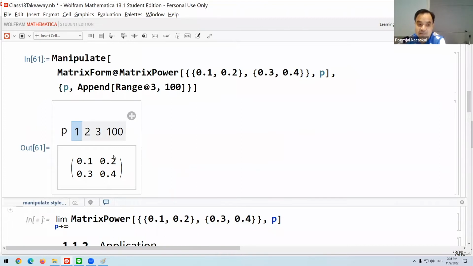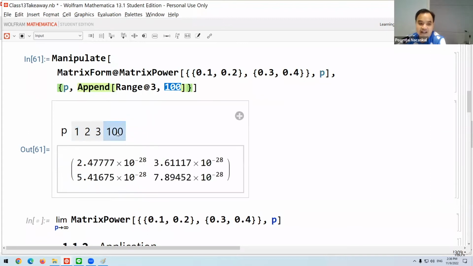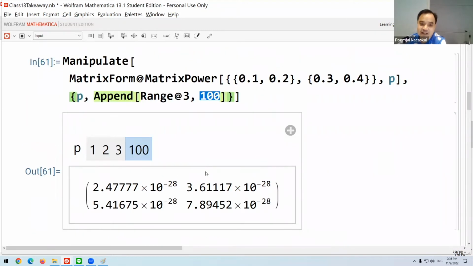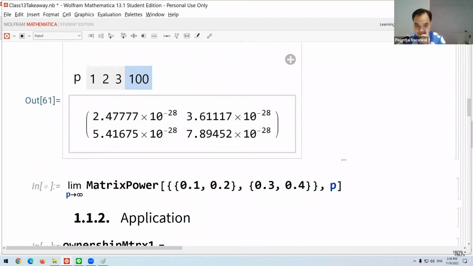And that's exactly what happened. Multiply 3 times. Now I add a pending number 100 here for the choice of power. So if I take this matrix and multiply it by itself 100 times, this is what I get. You get something very small, about 2 times 10 to the minus 28 or something. That's all it is, just multiplying by itself that many times. It's written as a matrix power, just a summary.